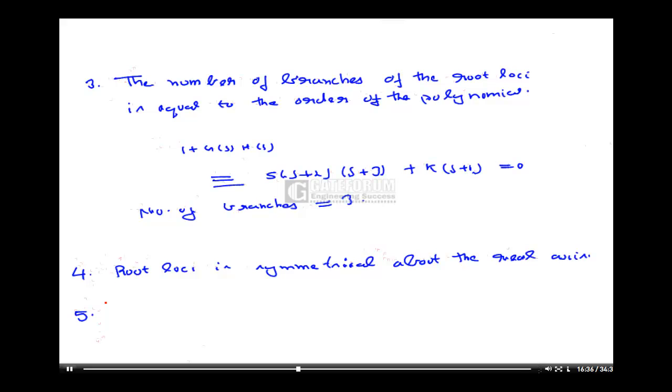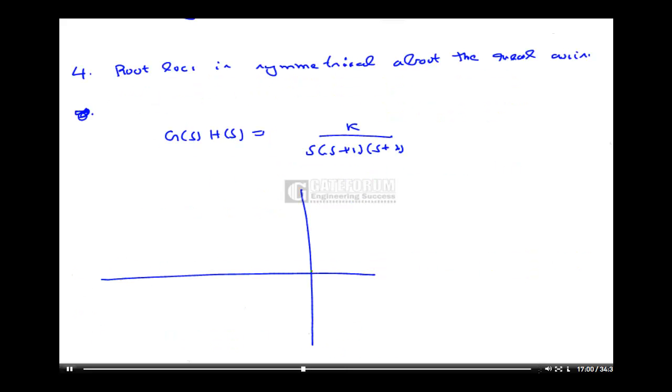Fifth property. To see for the previous two theorems, if I have my G(s)H(s) equal to k times s into (s plus 1)(s plus 2), and I plot the root locus of this, then I have s equal to 0, s equal to minus 1, s equal to minus 2. Now I'll draw the root locus to show how it is symmetrical.